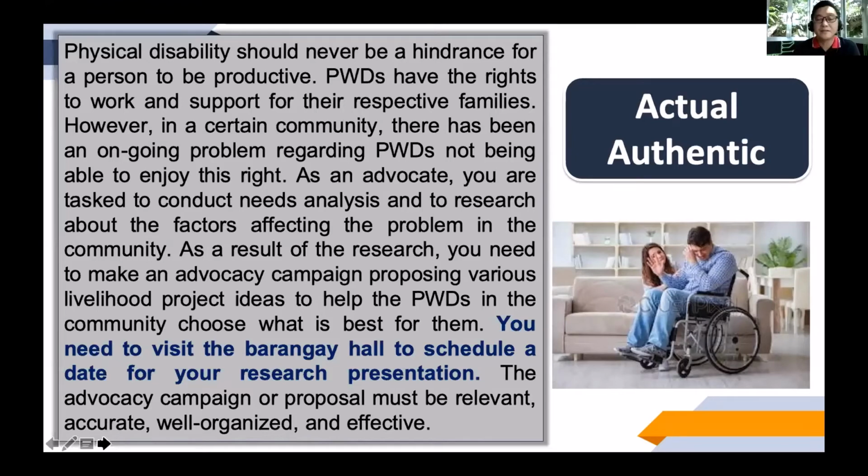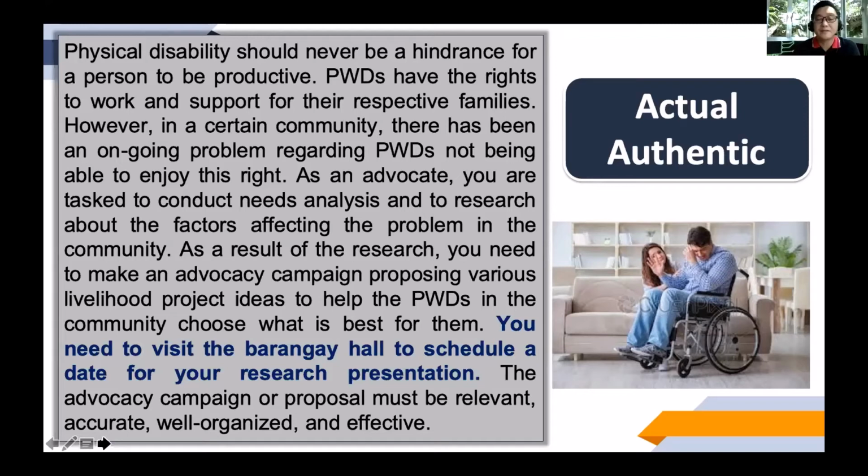But this clearly demonstrates what makes a product or a task actual authentic, okay? When there is an actual physical visit to the barangay hall to schedule a date for the research presentation, and even visit the barangay and, after the schedule has been set, gather people of the locality and listen to the research presentation.